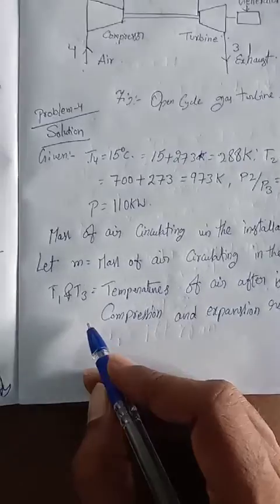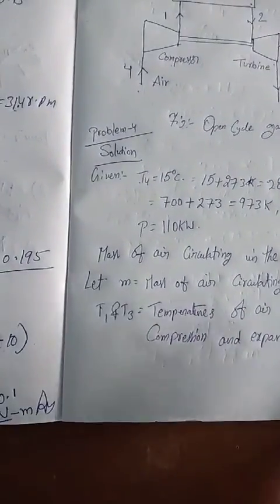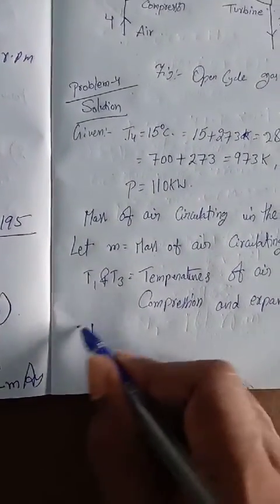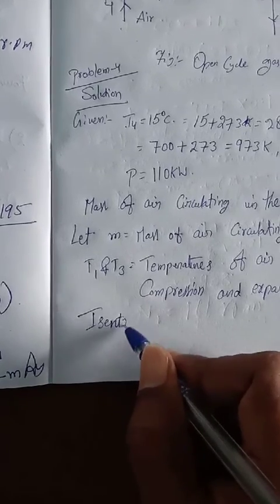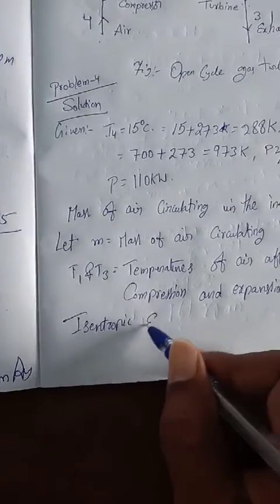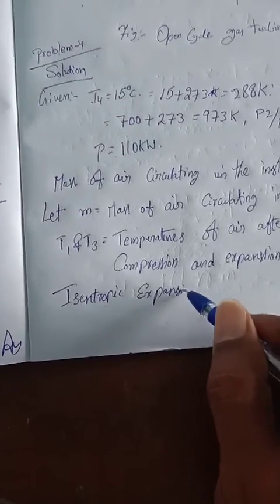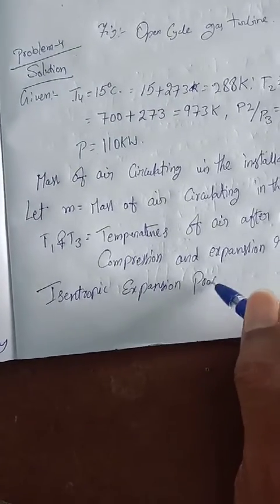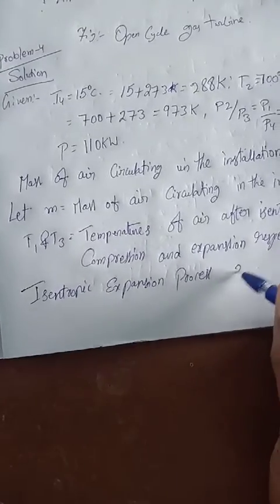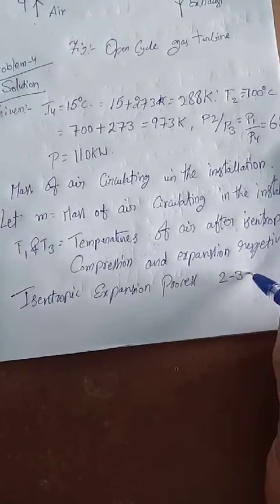Now we know the isentropic expansion process is 2 to 3.